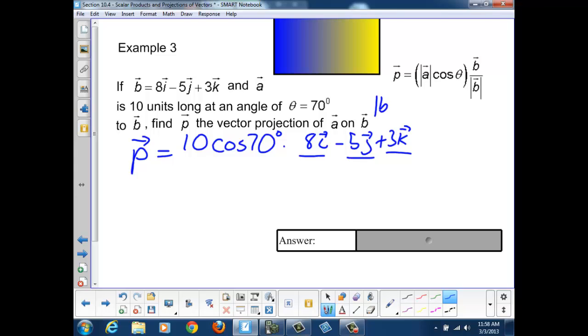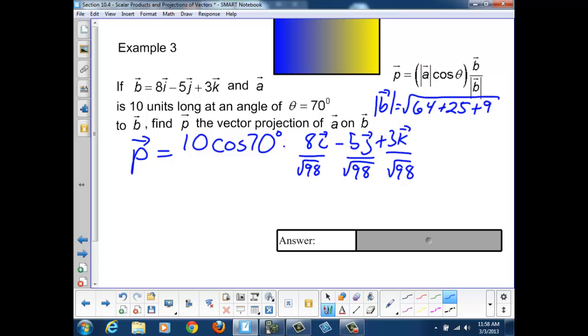So the magnitude of B is going to be the square root of 64 plus 25 plus 9, each of the components squared. So that's 89 plus 9, 98. So the square root of 98. And that creates my unit vector in the appropriate direction.